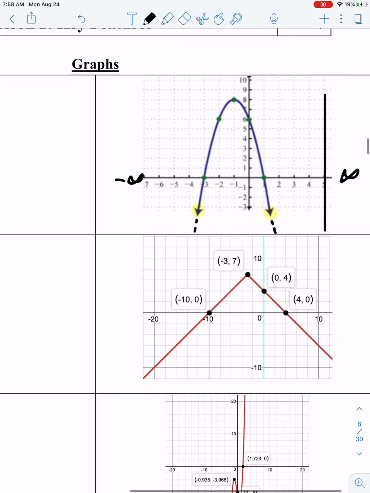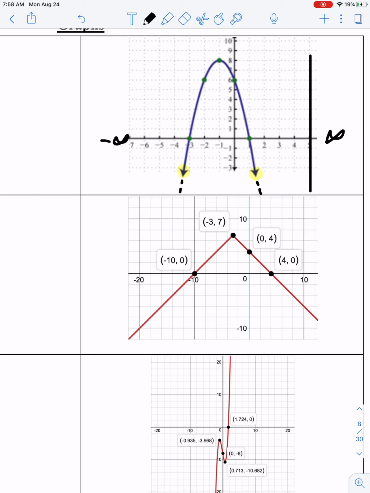So an example of this will be this next one over here on the left. See how it goes to the edge? So it's okay for you to put an arrow on the left. Likewise, the furthest right piece of the graph, it's also okay to put an arrow because it goes to the edge of your coordinate plane.